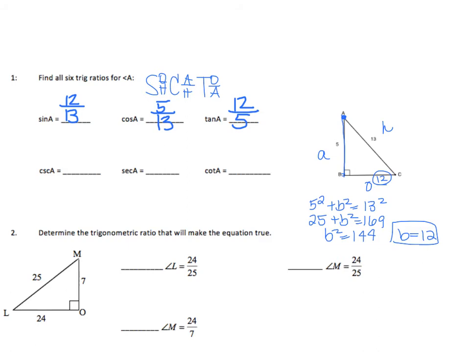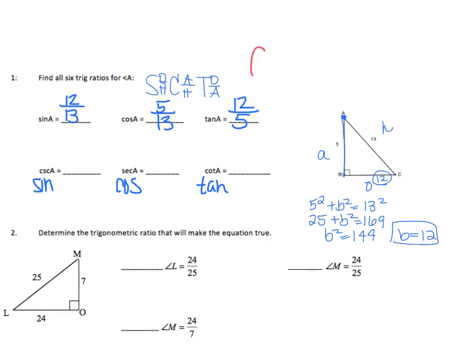Okay, so now we're getting to those reciprocal identities, cosecant, secant, and cotangent. You can do one of two things. If you remember that cosecant is the reciprocal of sine, secant is the reciprocal of cosine, and cotangent is the reciprocal of tangent, you can just flip what you got from the answers above, or you can reverse the SOHCAHTOA.